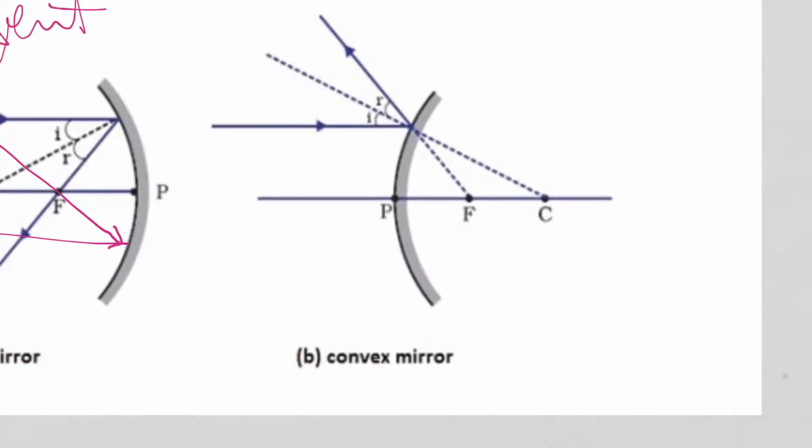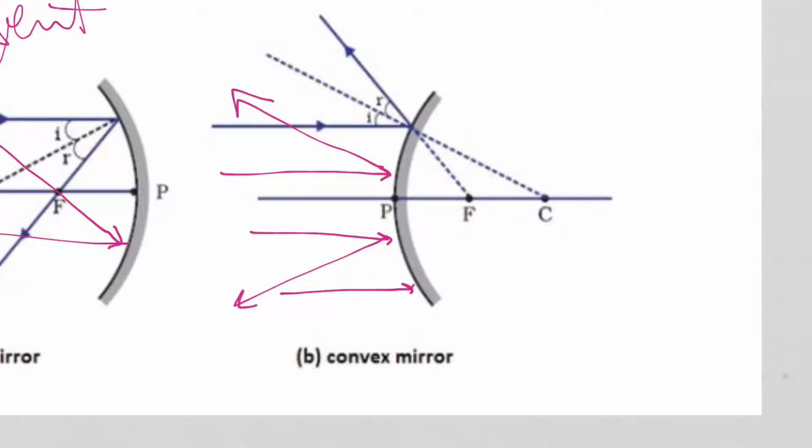Convex mirrors, on the other hand, are considered divergent mirrors. If we think of another ray, or another ray, look at all these different reflected rays here. This one, this one, this one, and this one.